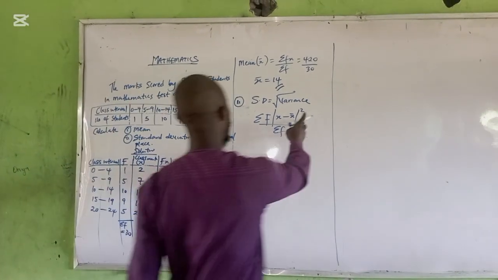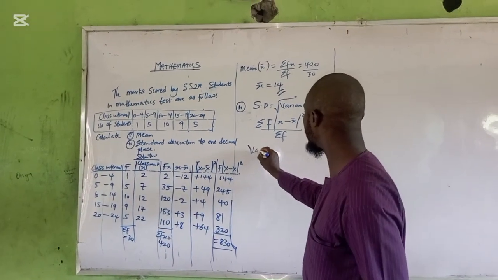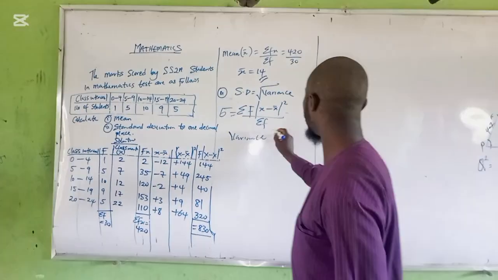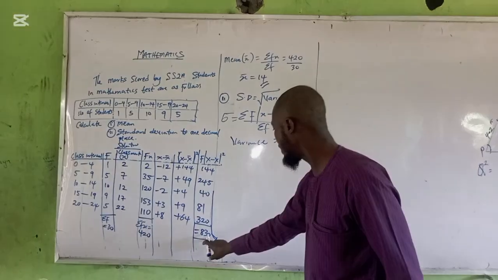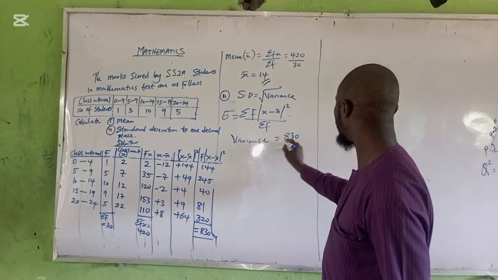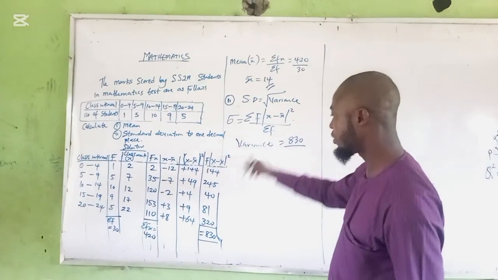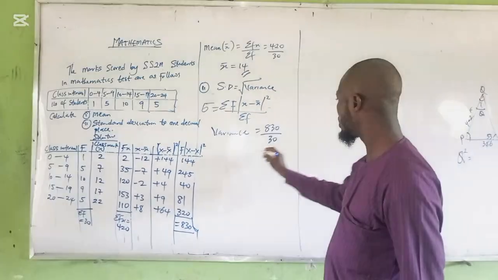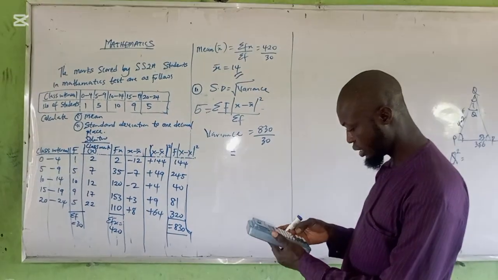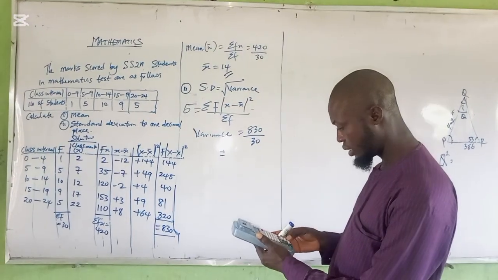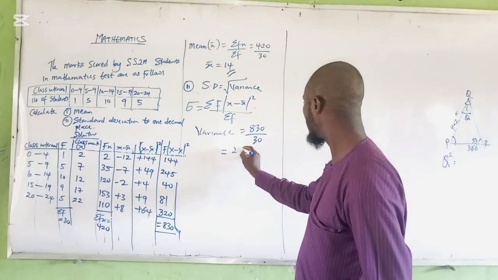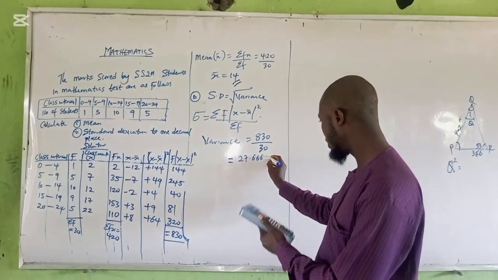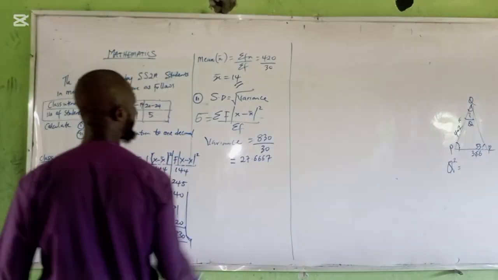So our variance equals 830 over summation f, which is 30. 830 divided by 30 gives us 27.6667. So this is the variance.